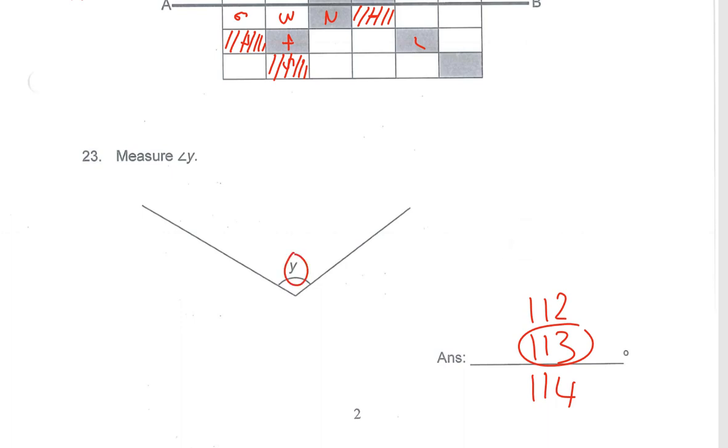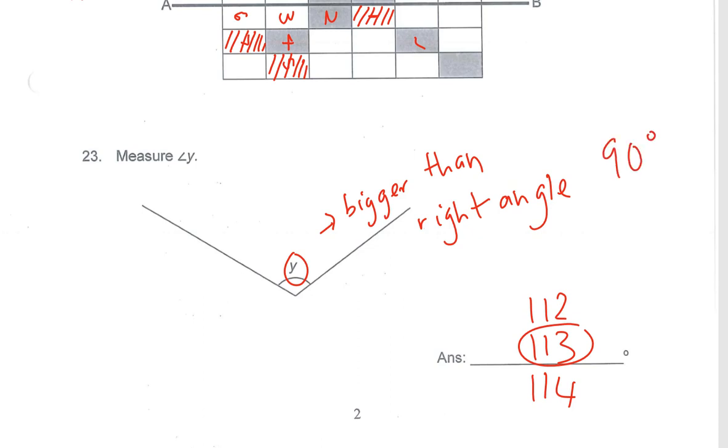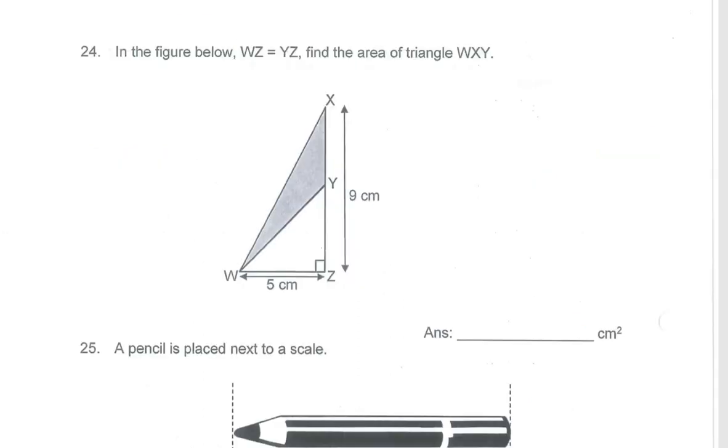If you know that y is actually bigger than a right angle, that means the answer must be a number that is bigger than 90. If you have a number that is smaller than 90, please, you know you have read the wrong scale on the protractor.